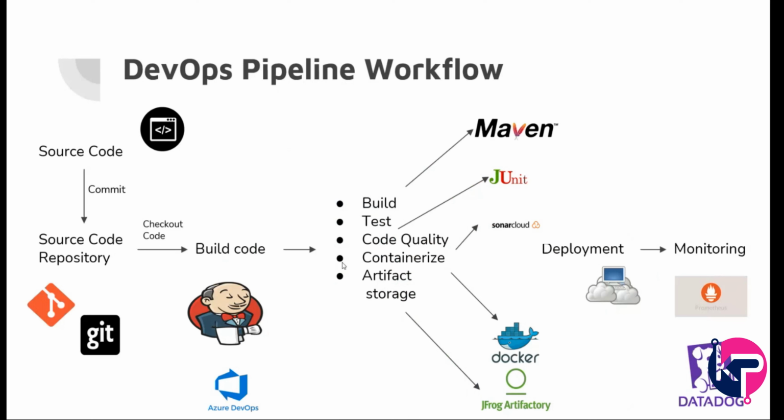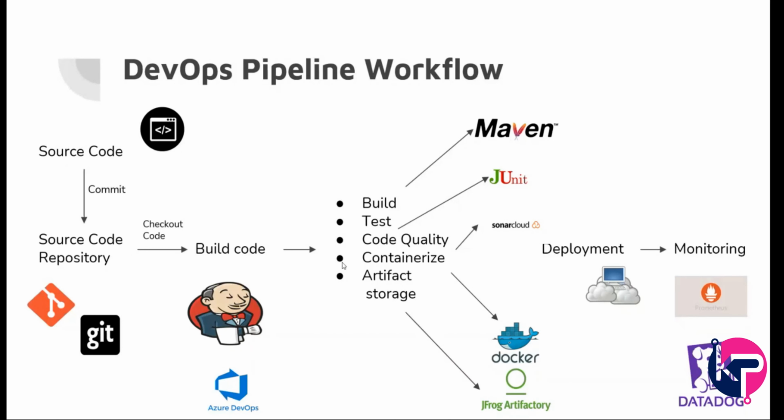Okay, so we are almost close to the end of the meeting. So this is the final workflow, how the DevOps pipeline will work. We have source code, the person who commits the changes, and then that will be pushed into the Git repository, which is the source code repository. And Jenkins or Azure DevOps will understand that code has been committed, the new code changes committed by the developer, and as soon as it detects this, it will understand, okay, I need to start the CI process.